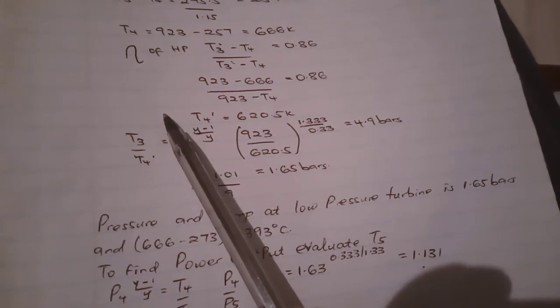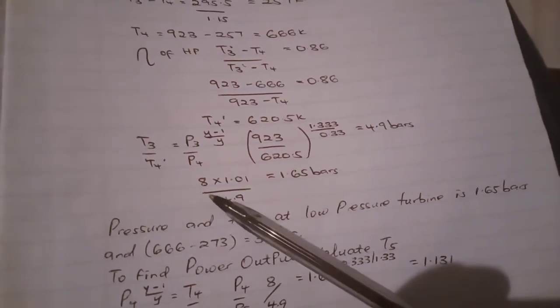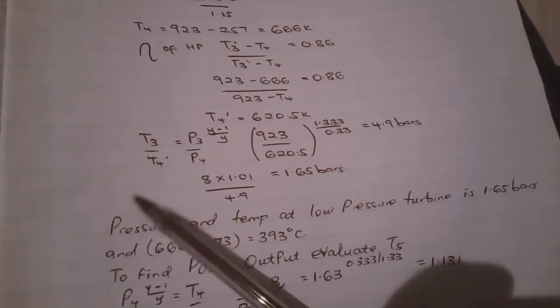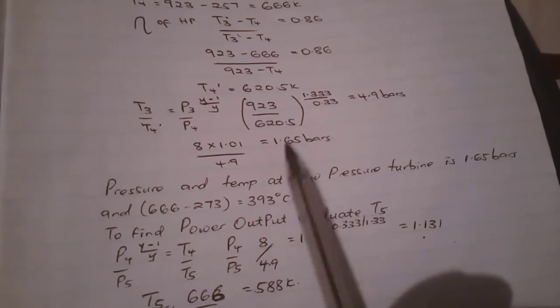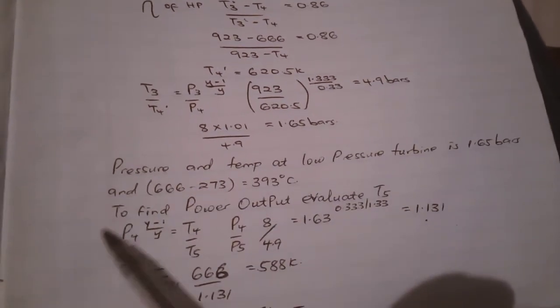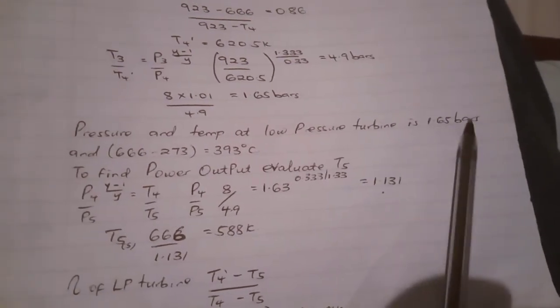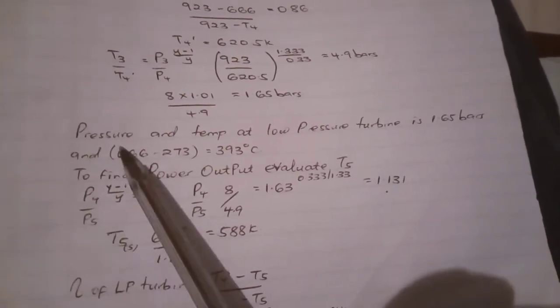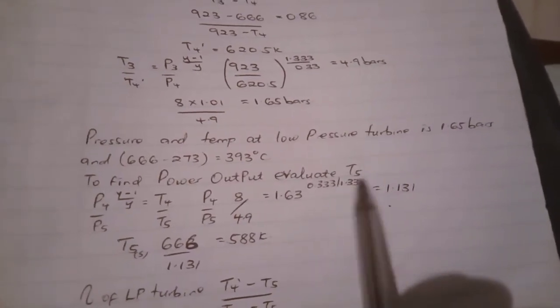Then we move to getting the pressure at the low pressure turbine, and this is how you evaluate it. After evaluating, you get 1.6 bar. So the pressure and temperature at the low pressure turbine are 1.6 bar and 393 degrees centigrade.